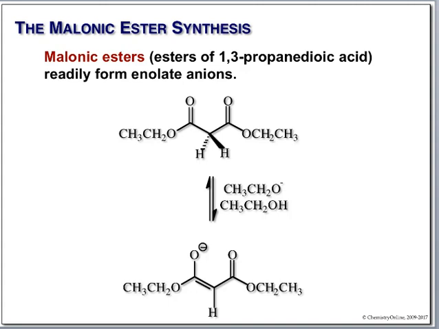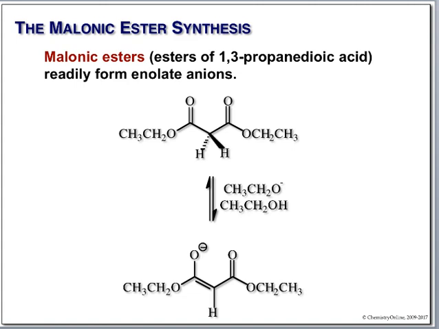Remember, the pKa here is 9 or 10, right? Ethoxide, the pKa is 16, so it's a much stronger base. It can pull this off just like LDA would on a ketone, and make pure enolate anion. That's kind of neat, okay?